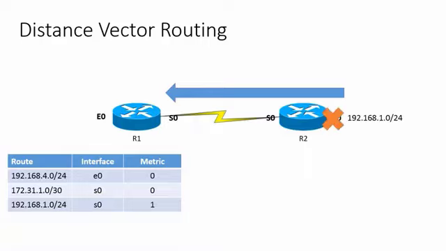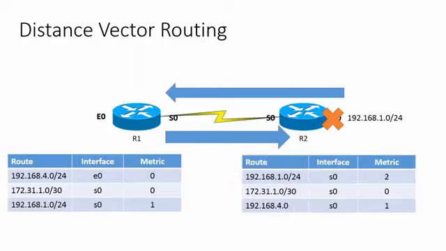The problem with distance vector routing is that router 1 is going to send its full routing table over to router 2. Well, router 2 does not know about 192.168.1.0 anymore, so when it receives the subnet advertisement from router 1 of 192.168.1.0, it's going to accept it and place it in its routing table with a metric of 2.